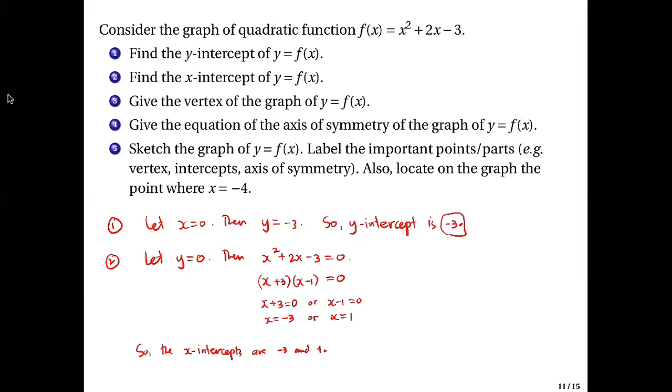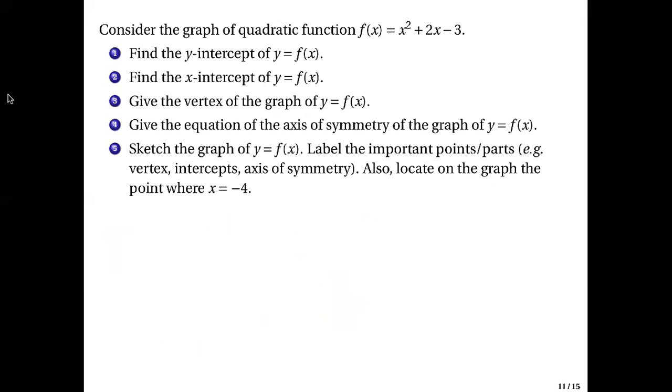Let's find the vertex. So for number 3, the vertex is just h, k. H here is negative b over 2a. So for this, your a is there, this is your b, and this is your c. Negative b over 2a means we will have negative 2 over 2 times 1, which is just negative 1.